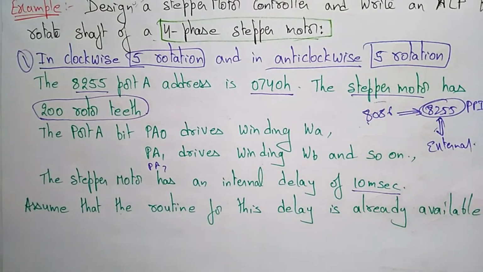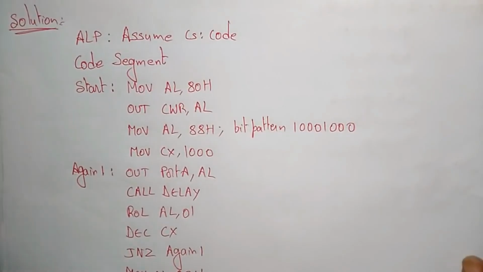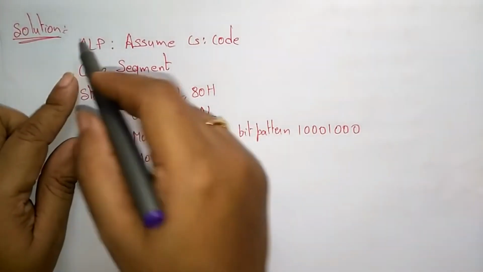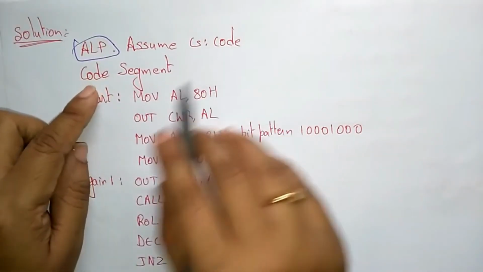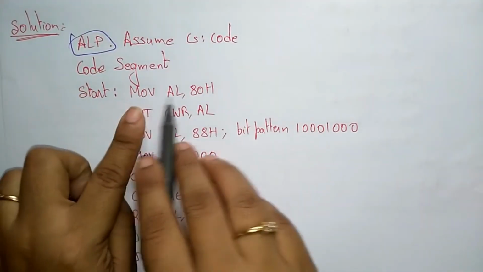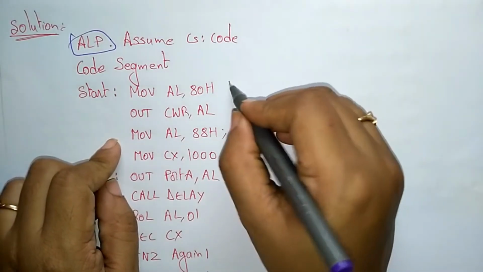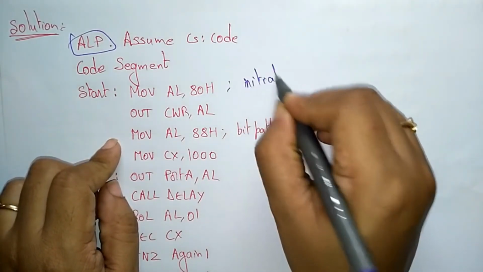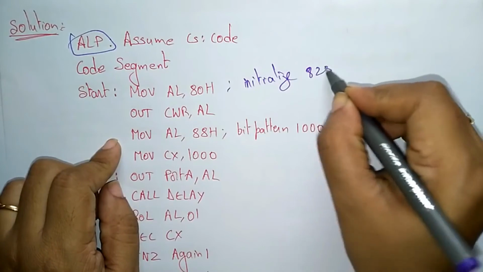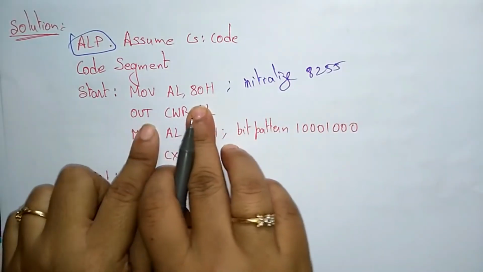Now let us see the program. The solution for this is an ALP program. Assume code segment. Now start the program. Move AL, 80H, which is used to initialize the 8255. So we are initializing the 8255.